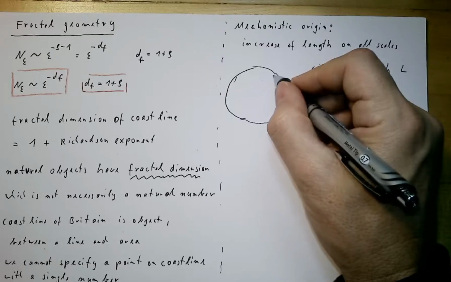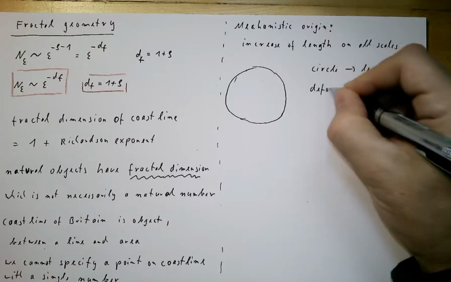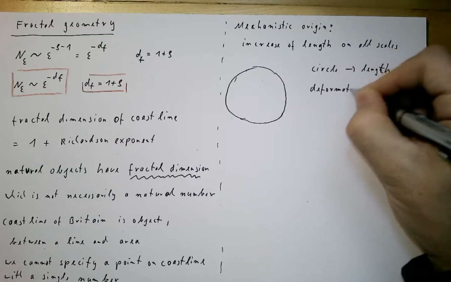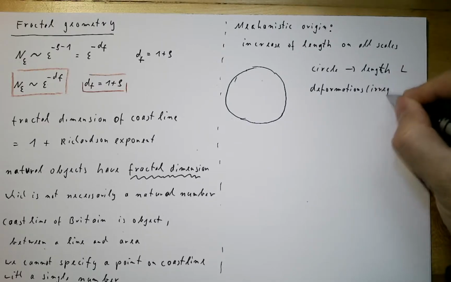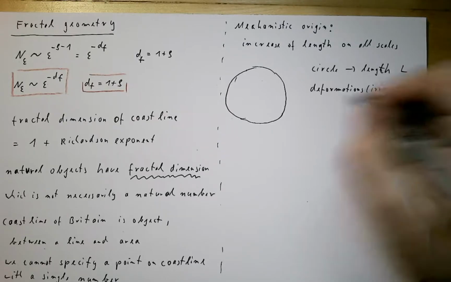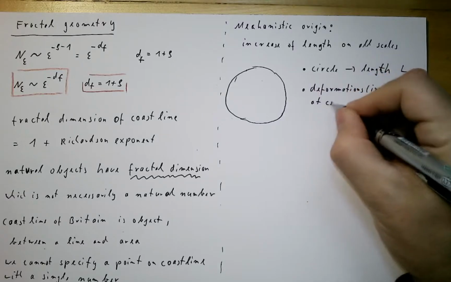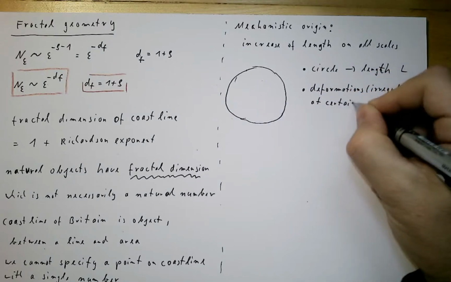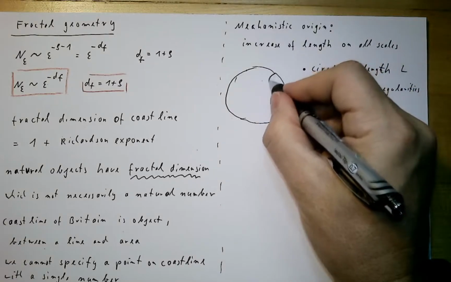We make a deformation at a certain scale, some irregularities, and that's why we make here some baits.